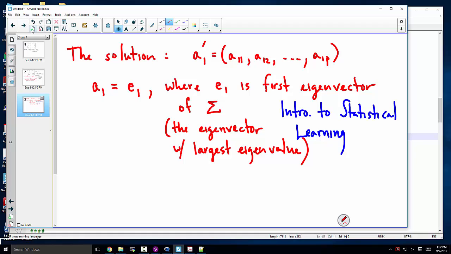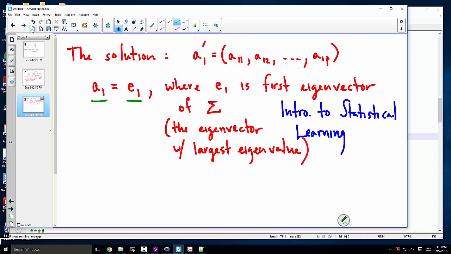The solution for finding the one variable that is a linear combination of our original ones that will maximize the variance is to take the constants from the first eigenvector. Okay?